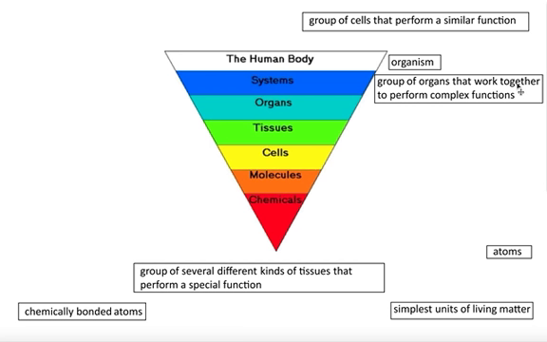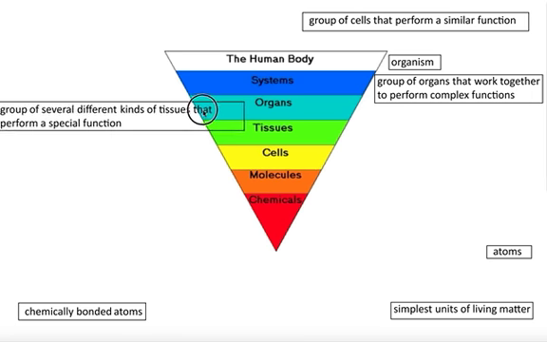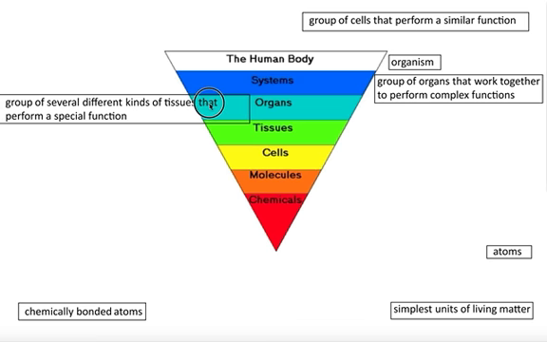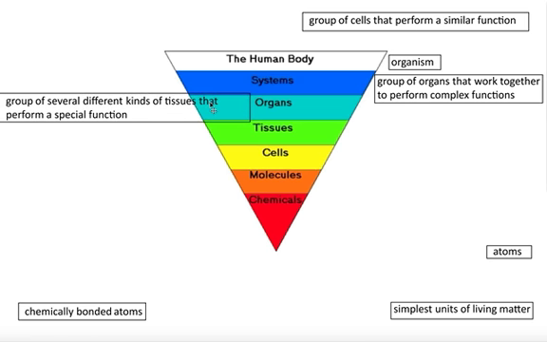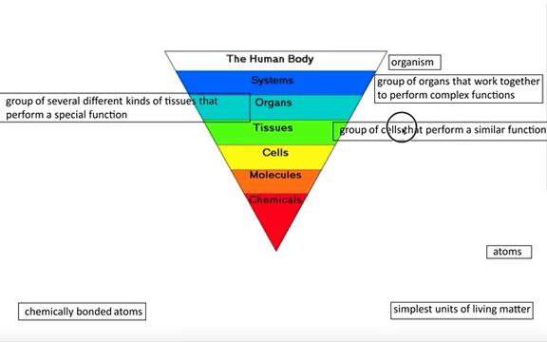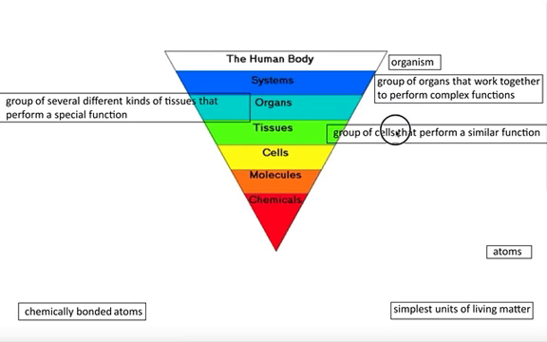Organs are groups of tissues that work together to perform a special function. And tissues are groups of cells that perform a specific or similar function.